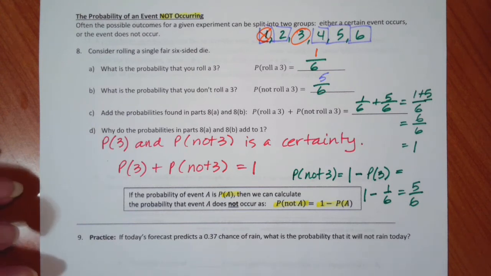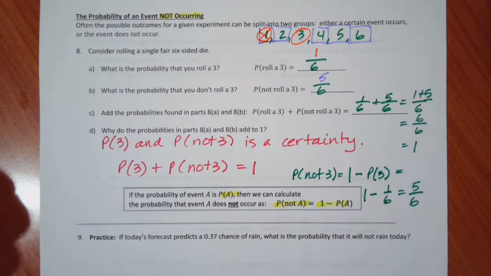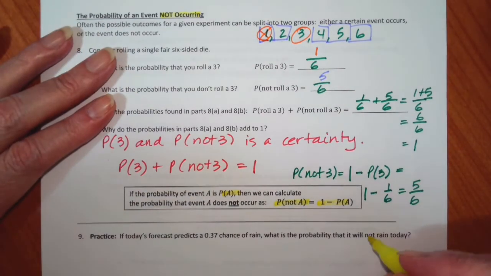Okay, so let's see what we've got here. If today's forecast predicts a 37% or a 0.37 chance of rain, what is the probability that it will not rain?